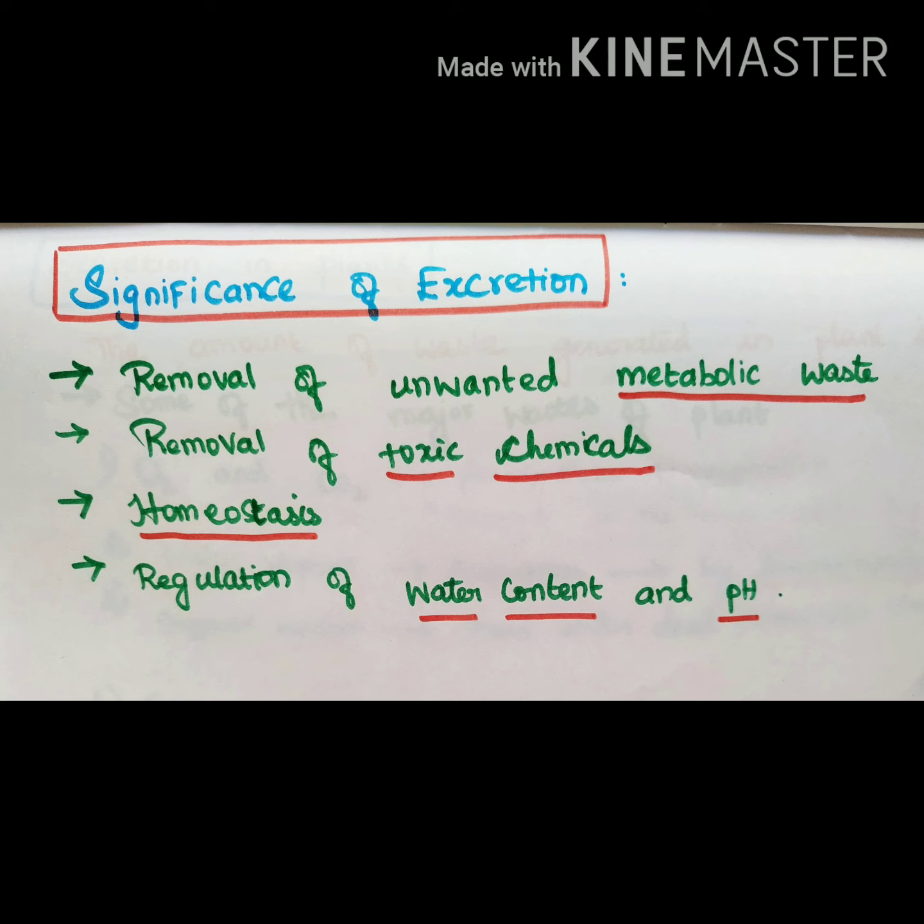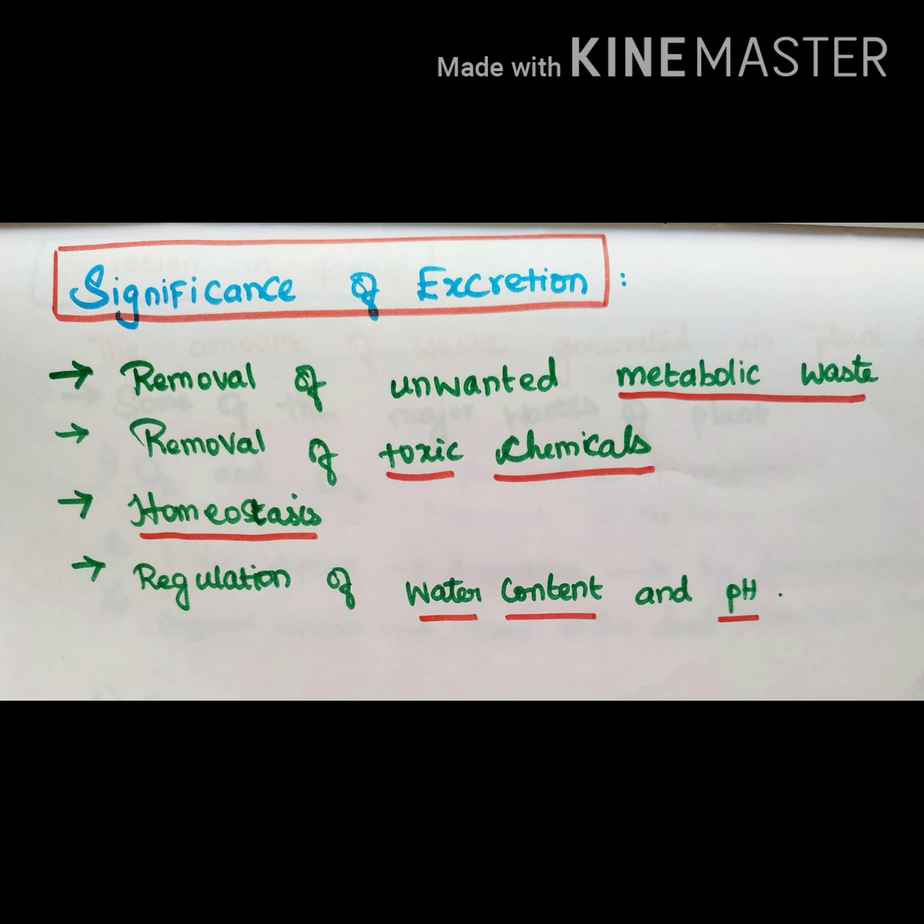Number 2, removal of toxic chemicals, right? What is the term toxic here? Toxic means poisonous chemicals, which are harmful to the tissues and cells. If certain substances present in our body cause a harmful effect to the cells and tissues, and damage them, then they are called toxic.